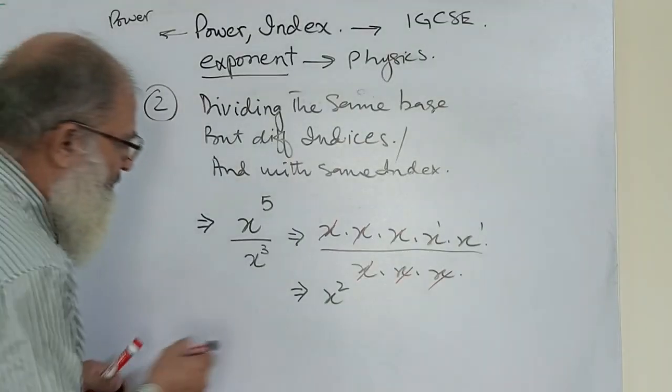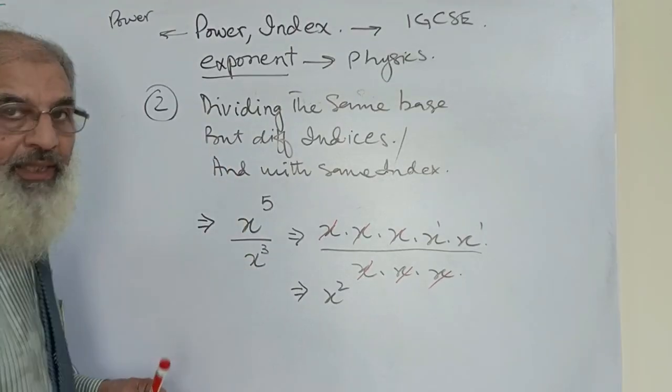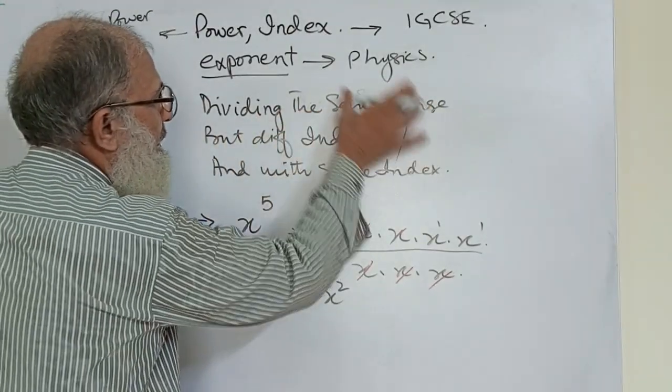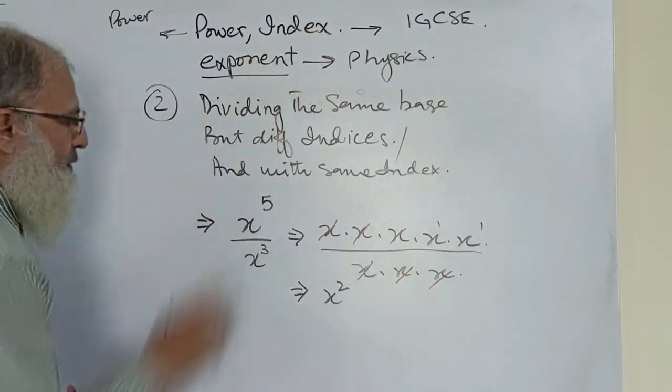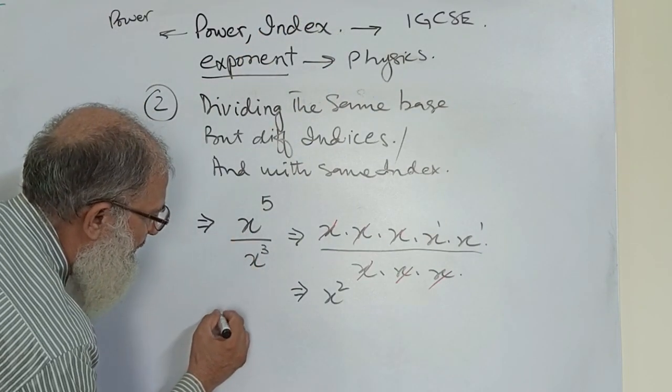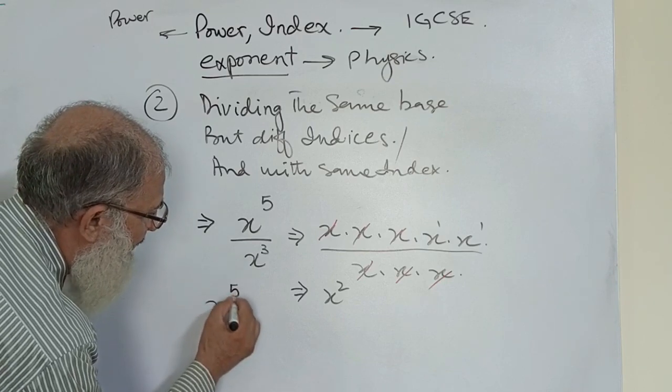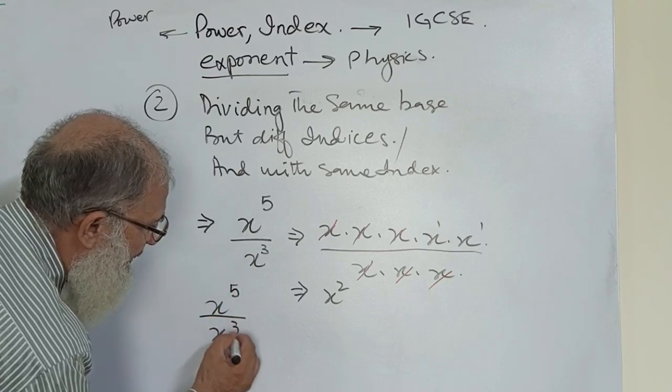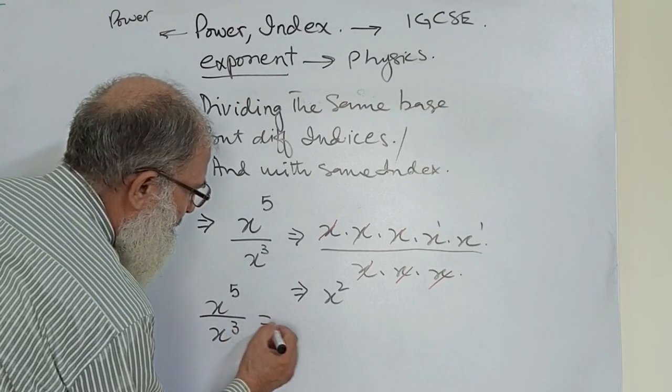But the second way, which is more concerned with the indices rule: if the same thing is written here, x^5 divided by x^3, what will you do?